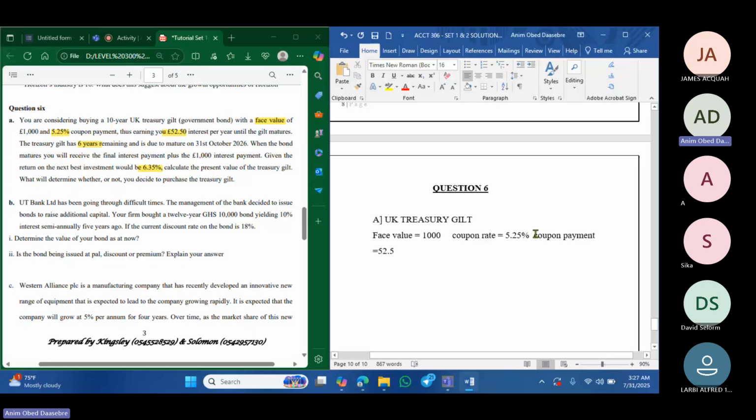In this question, the coupon payment was calculated for us, but in some questions it will not be. If you want to compute your coupon payment manually, the coupon will be the coupon rate times the face value.